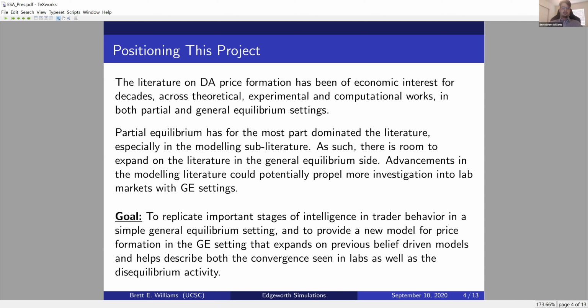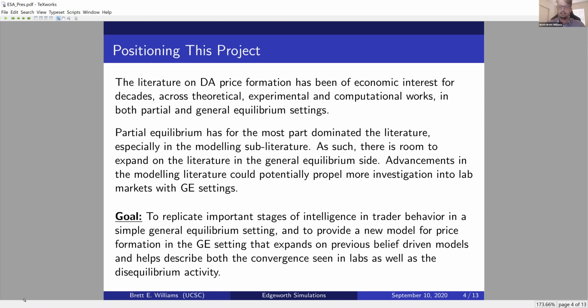And so the goal here is to try to replicate a couple of important stages of intelligence and trader behavior in a really simple Edgeworth box setting, just two goods, two consumers, no production, and provide a new model, hopefully, of price formation that expands on belief-driven models as well as captures the convergence seen in labs, but also some of the disequilibrium activity you see in labs.